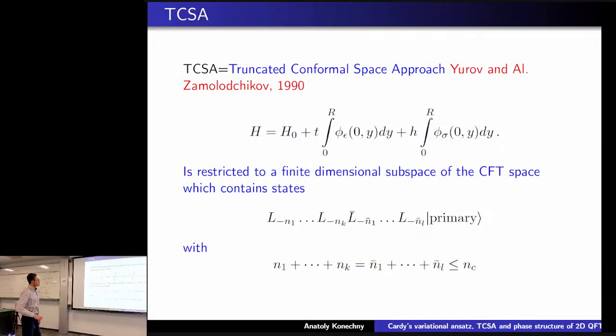And then this is an infinite dimensional matrix. You can calculate its matrix elements, but you restrict yourself to a finite dimensional subspace by saying that the total weight is less than or equal to some truncation parameter. Then you put this matrix onto the machine, and you numerically diagonalize it, and that gives you the eigenvectors and eigenvalues.